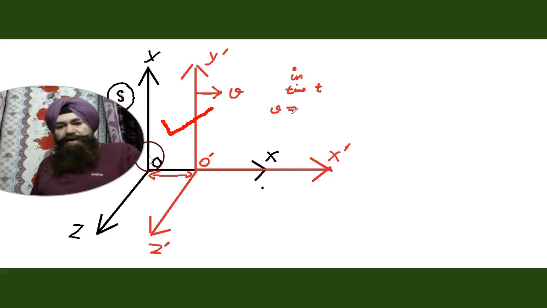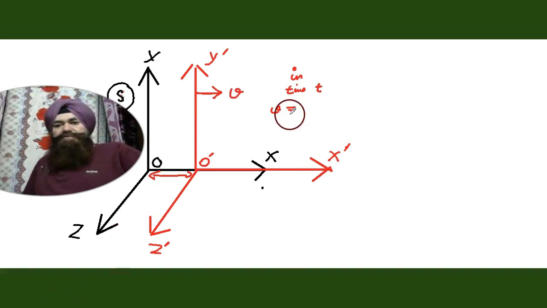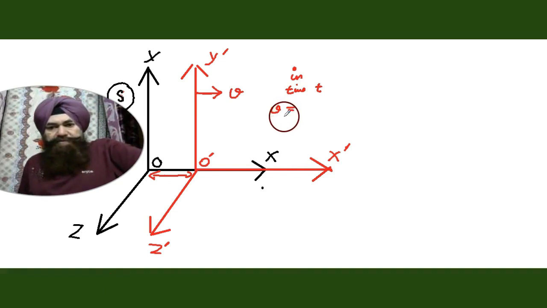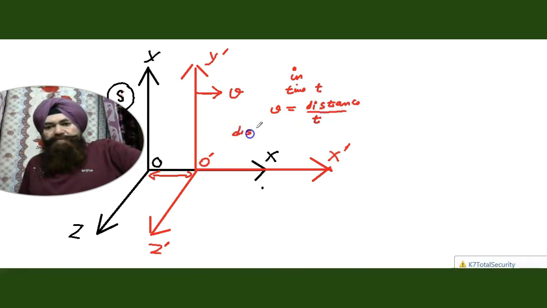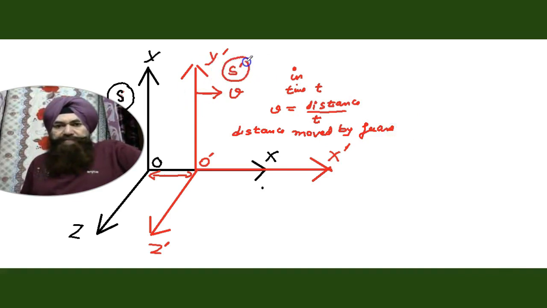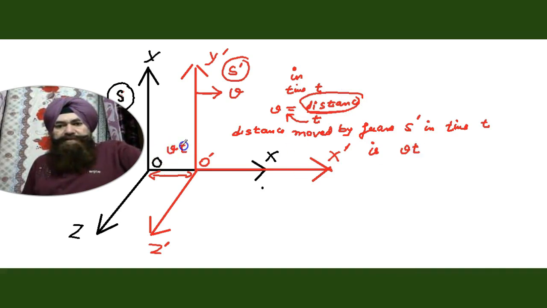Now the problem is we have to think how much distance is traveled by this red frame, the S dash frame, in time t. Okay. So velocity is equal to, tell me, distance over time, and you can find the distance moved by the frame S dash. It is equal to how much in time t?